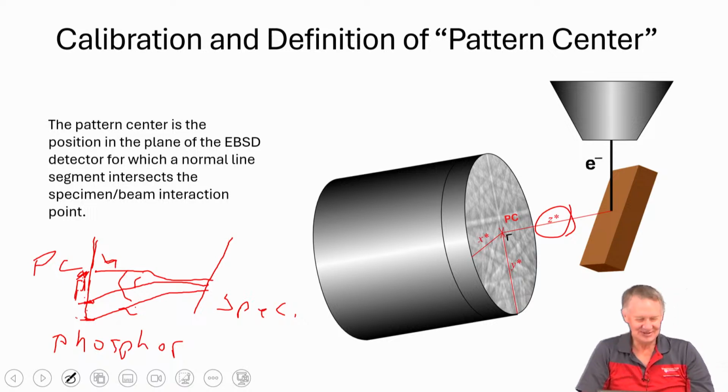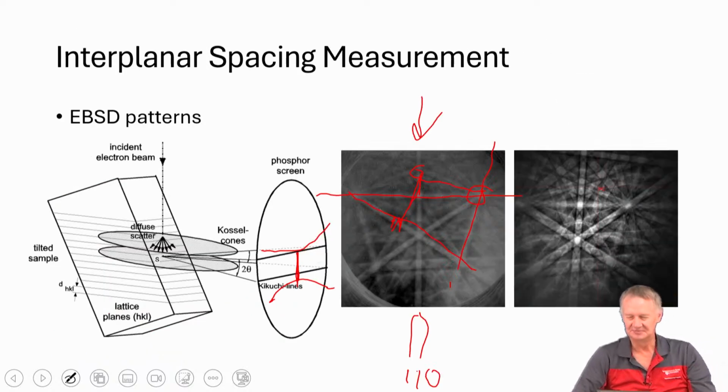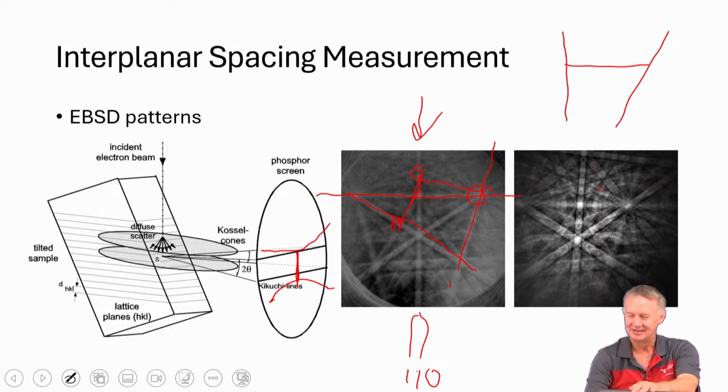If you come back to this two-dimensional view, now let's just draw a new one. Specimen, phosphor screen. All right, that's pretty good. So, just a straight line. If the position here is where the pattern center is, that's a 411 axis. This axis down here is a 111, right?